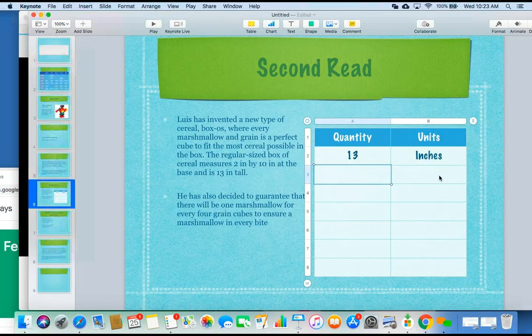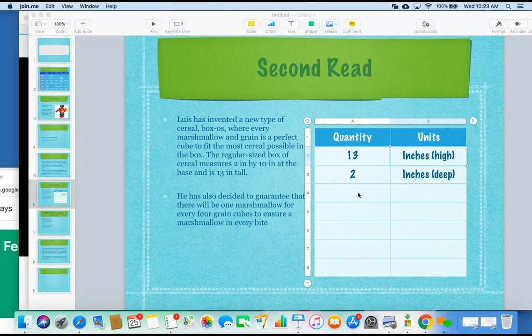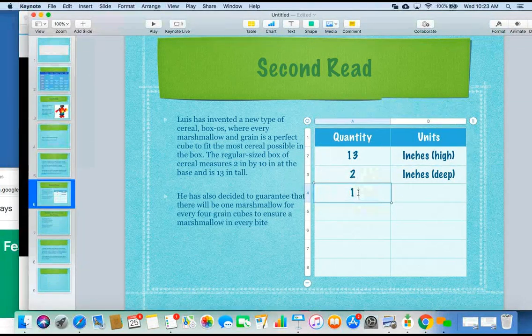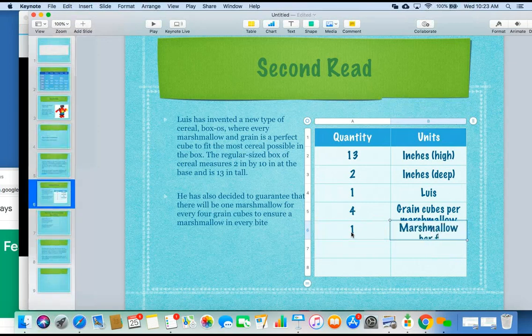And I'm taking them from the chat to fill in here. Thank you for the clarifications. Let's see, and 10 inches.